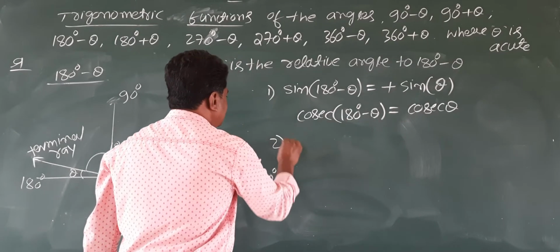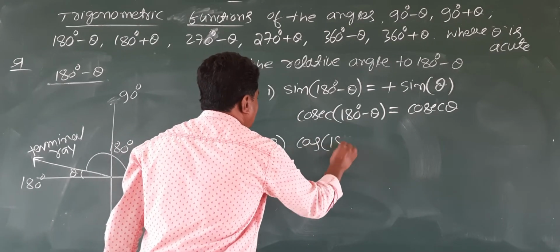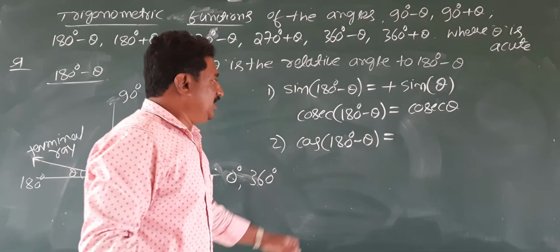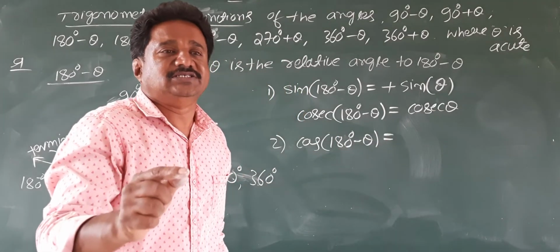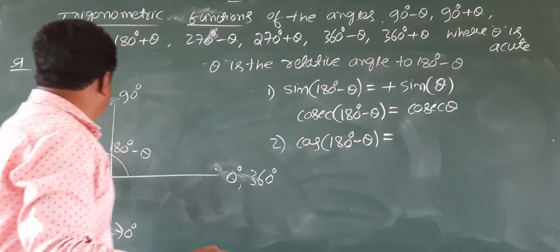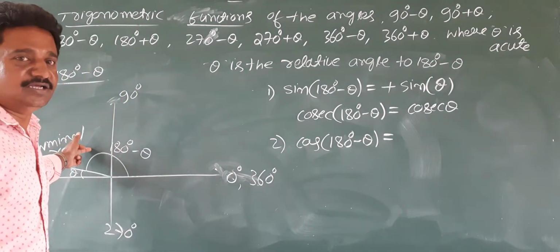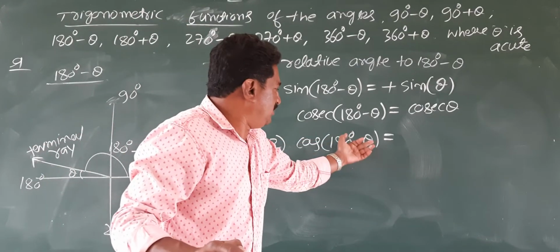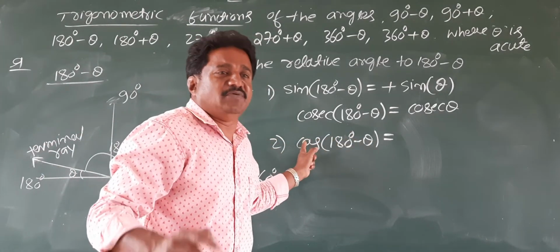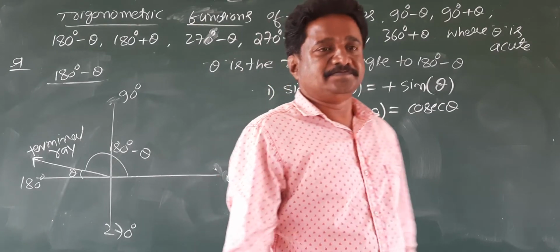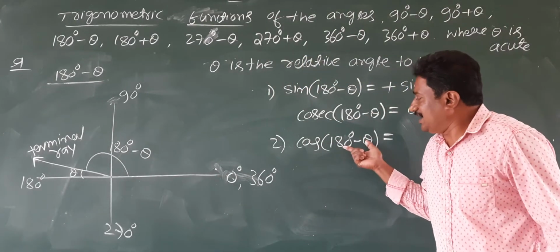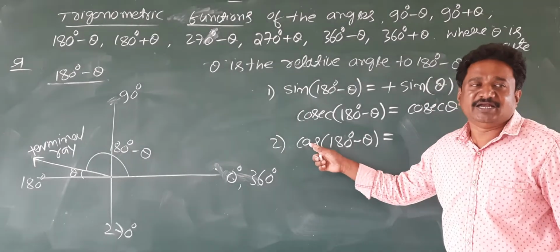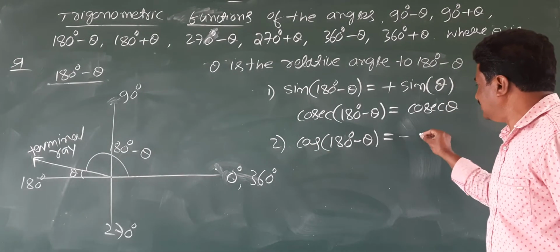So next, cos 180 degree minus theta. Which quadrant is that? Second quadrant. In the second quadrant, whatever the angle is, the cos value should be negative. So you should add minus.